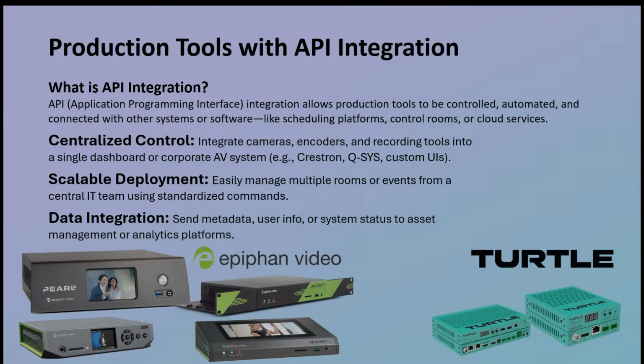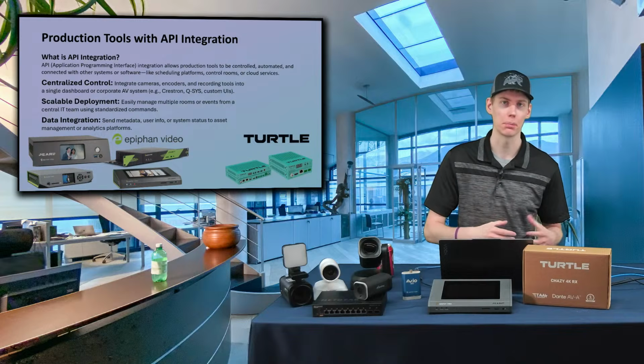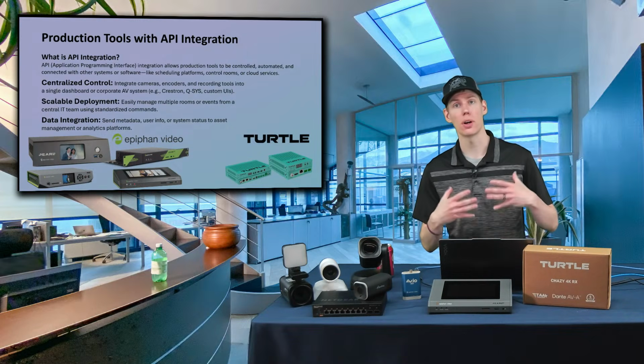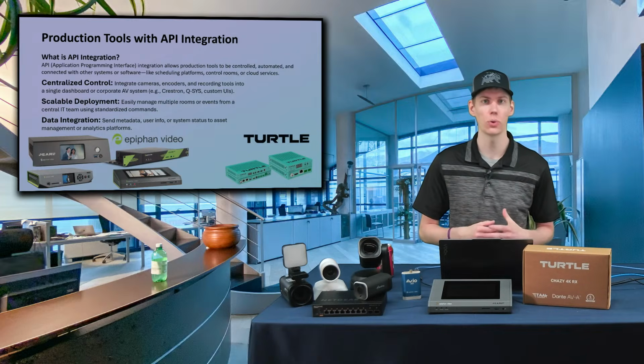Now, Epiphan is a perfect little production system that you can put into a conference room, into a studio, in multiple conference rooms, and then be able to connect again to something like QSys or Crestron to have all of your meetings all be in one place. You can schedule the Pearl systems to automatically turn on and start recording a meeting.